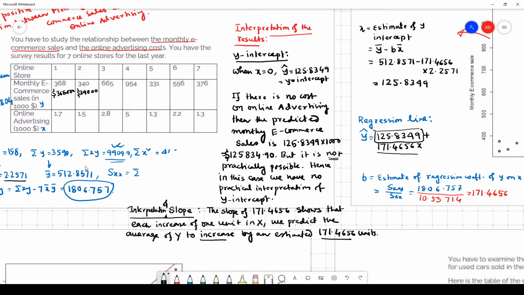So, according to this problem, for each increase of $1 in online advertising cost, I think it is better to write, because online advertising cost is measured in $1,000, so instead of $1, I write $1,000.